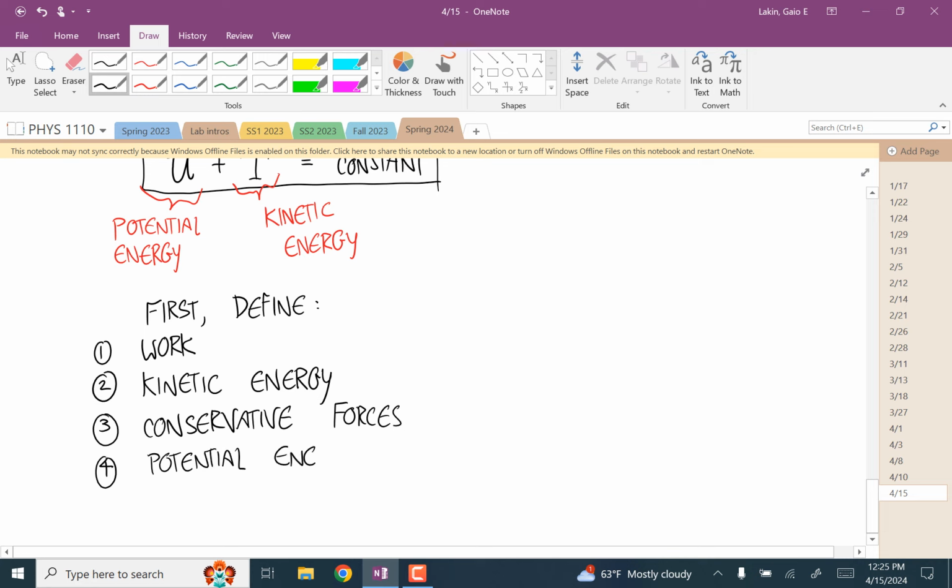And once we've defined all those things, then we can start putting them into an equation and calculating relationships between where an object is and how fast it's going.